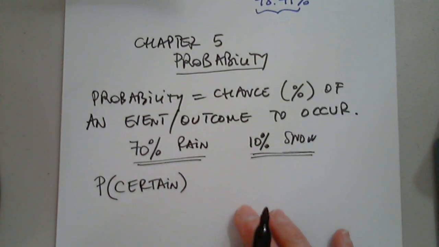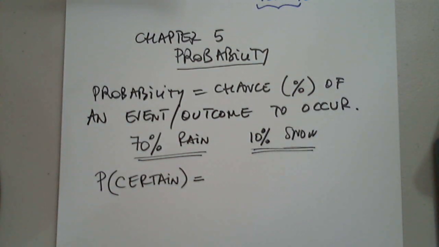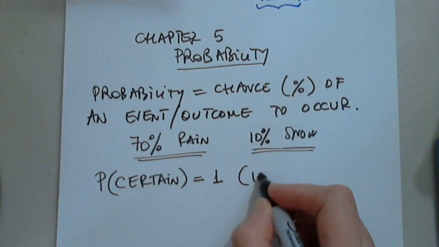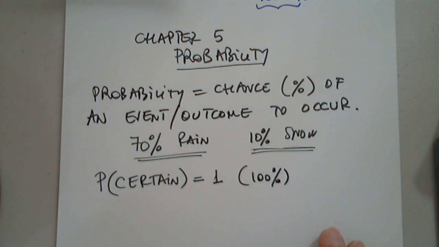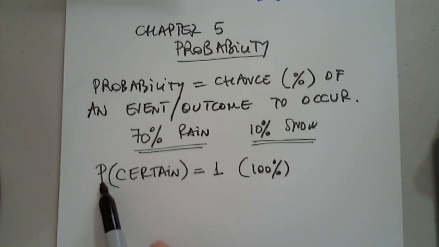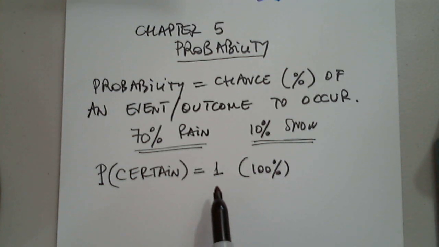So what is the probability of a certain event? Can anyone give us an example of a certain event? Would that just be like 100%? Yes, 1 or 100%. Very good. Are you certain that the sun will set today and night will come?